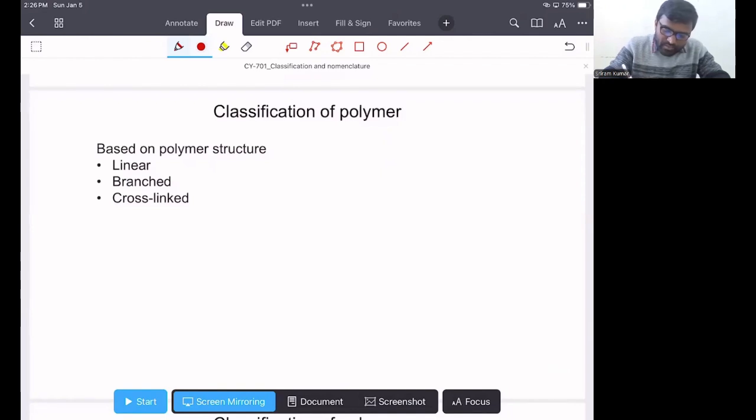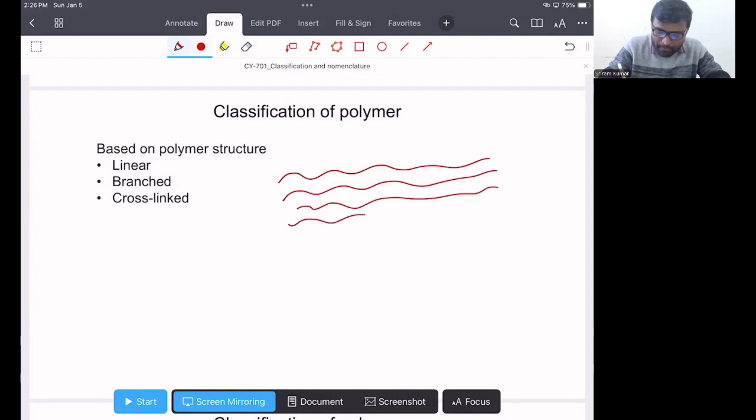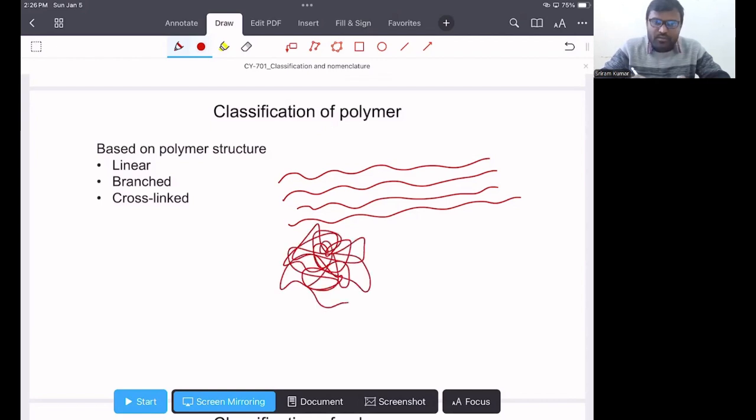If you think about the linear polymers, linear polymers may be present in this coil form. So these are examples of linear polymer.